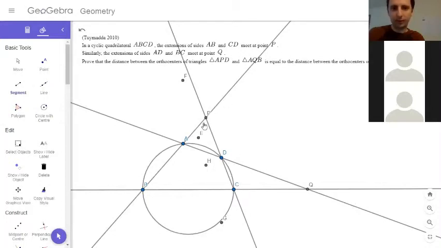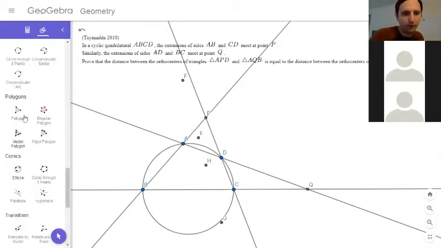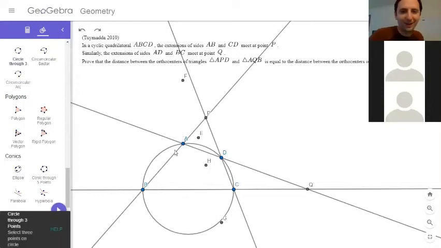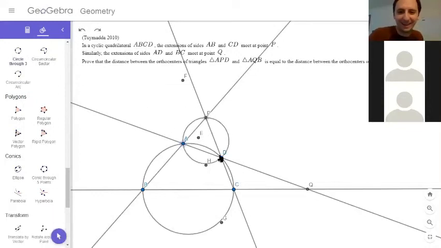Let's see. So APD is E and AQB is F. We want to show EF equals GH. Okay. Let's draw. So we have the Miquel configuration, right? So we could draw all those nice circles. Whoa. Oh, because I drew an arc and not a circle.